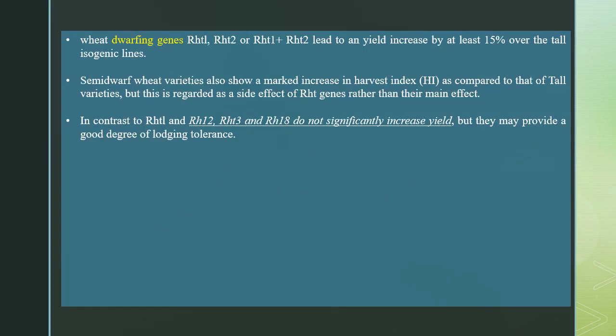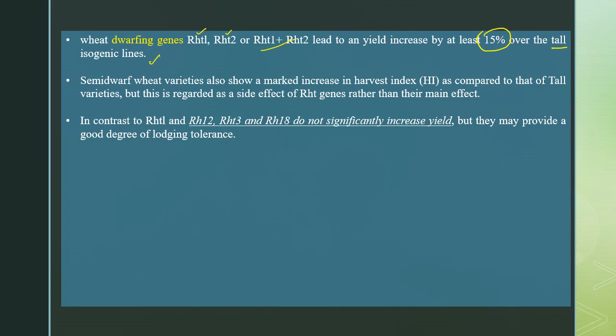If we see the wheat dwarfing genes, that is Reduced height 1, Reduced height 2, or RHT1 plus RHT2, they lead to at least a 15% overall increase over the tall isogenic lines.